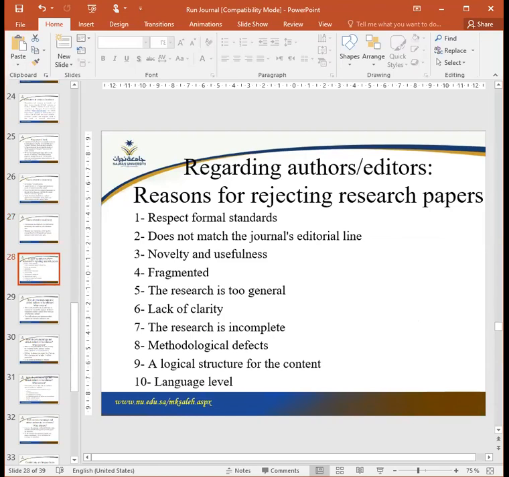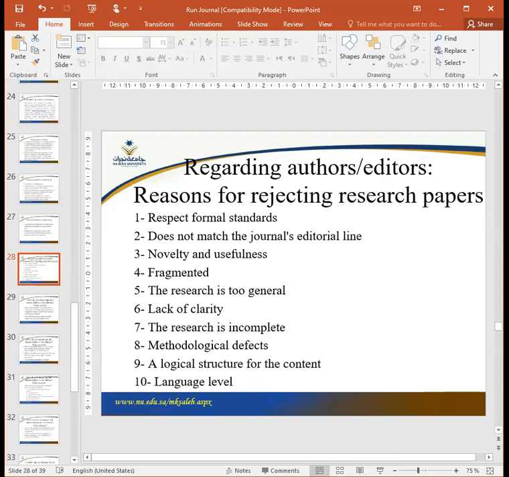Okay, regarding the editor or author, it is important to know the reasons for rejecting a research paper. Here are 10 common reasons for rejecting a research paper in a scientific journal. Number 1, failure to respect the formal standards of the journal. Number 2, the research paper does not match the journal's editorial line.